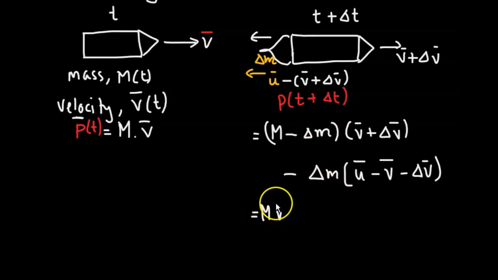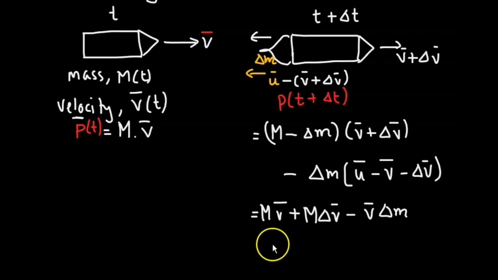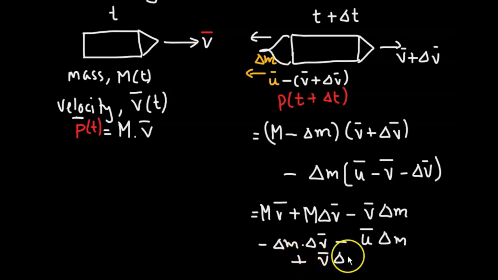M times v vector plus mass of rocket times delta v vector minus v vector times mass of the fuel minus delta m times delta v vector minus u vector times delta m plus v vector times delta m plus delta m times delta v vector.